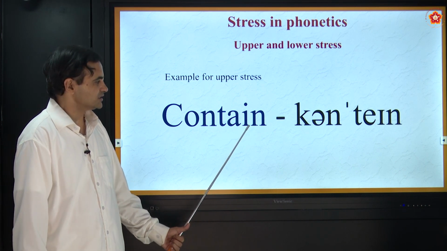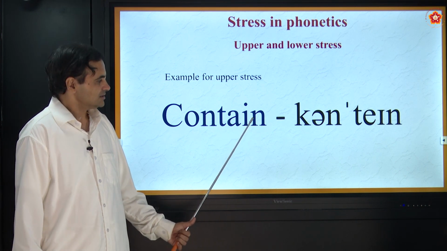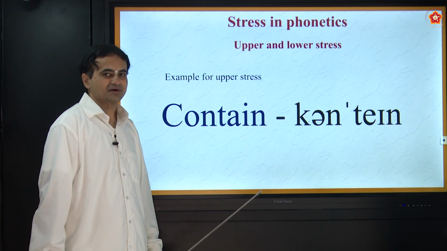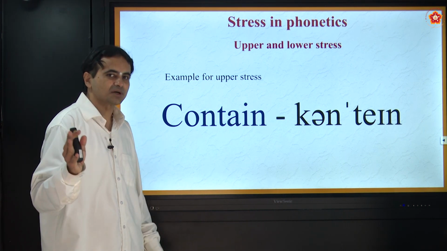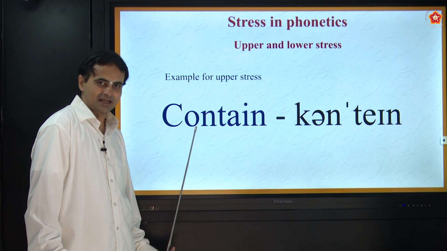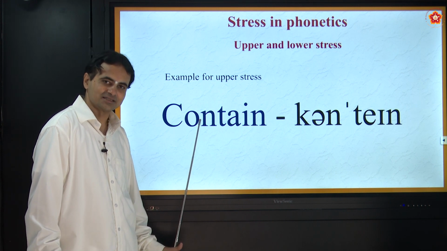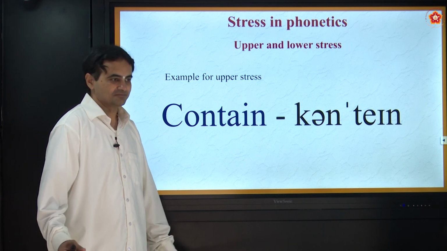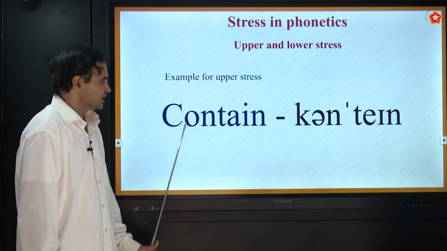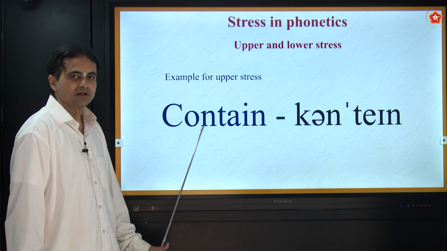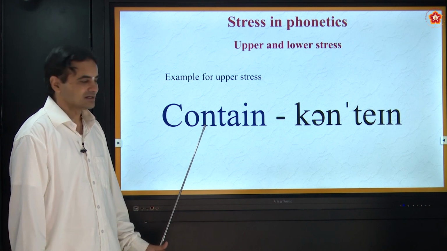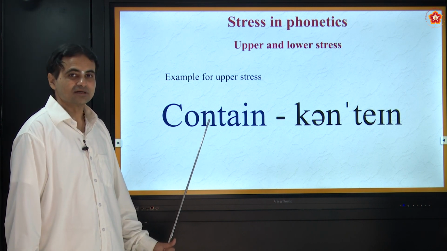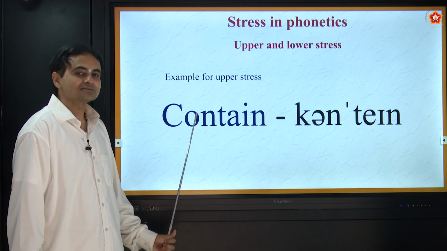Generally we say this word is contain. But exactly, we cannot find it, because we have all heard from others that it is contain. Otherwise, any new person, seeing this word for the first time, may be tempted to pronounce it differently. So it is not the way a new reader would guess, it is contain.